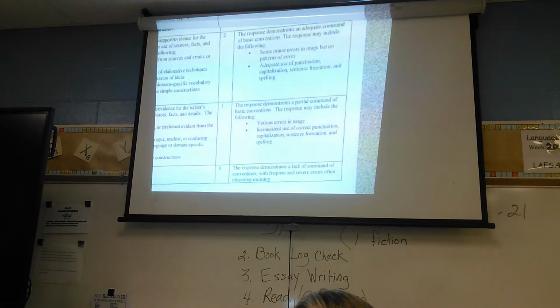All right, so we start with this category all the way over here, and this is a category that has to do with your conventions, your language conventions. Okay? And you can get up to 2 points here, which is why we do a skills block every single day and why we practice like we do. And even though I asked you all to proofread your essay before you turned it in, there were a lot of careless errors.